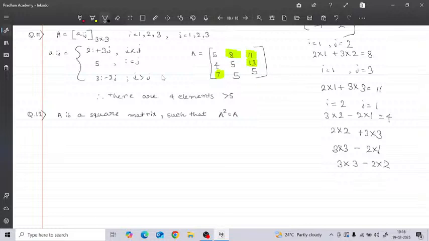Now we have to compute the value of (I minus A) whole cube plus A. We have to find the value of this.